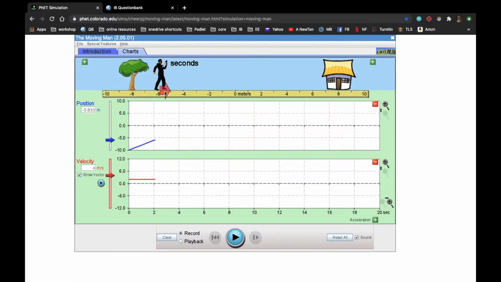As that happens, the man is going to travel faster on the image, and please observe what happens over here, because we just said the steepness of a position graph depends on how fast the motion is, and see what happens to the position graph when I increase the velocity. Let's go.